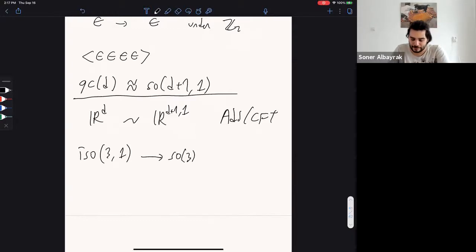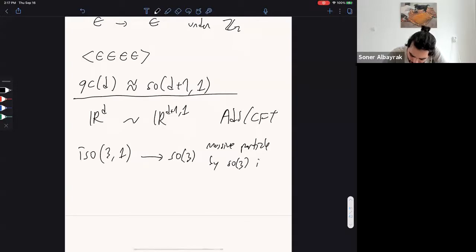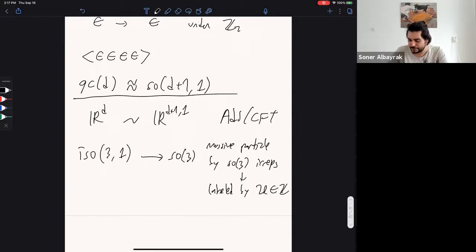So you label massive particles by SO(3) representations, which is why we only have one parameter for spin, because SO(3) irreps are labeled by a parameter that is a multiple of a half integer, like L is 0, 1/2, 1, etc. The reason we say a particle is spin 1, spin 2, or whatever is that the representations we use to label particles are SO(3) irreps.